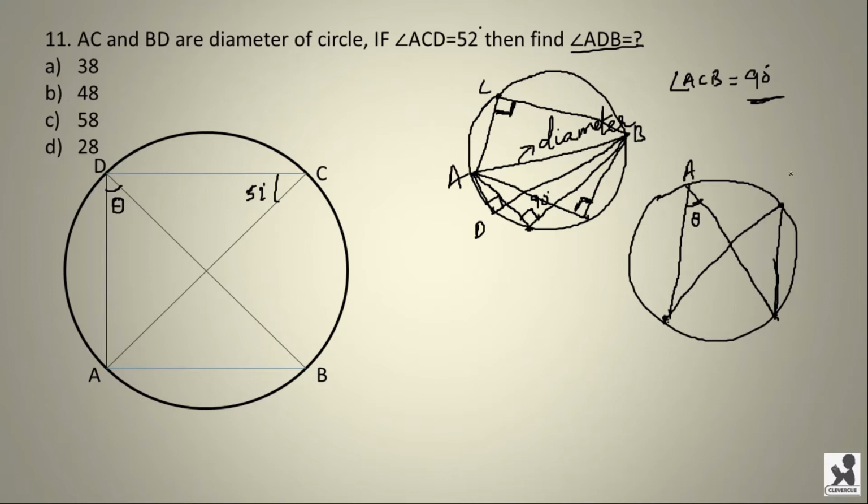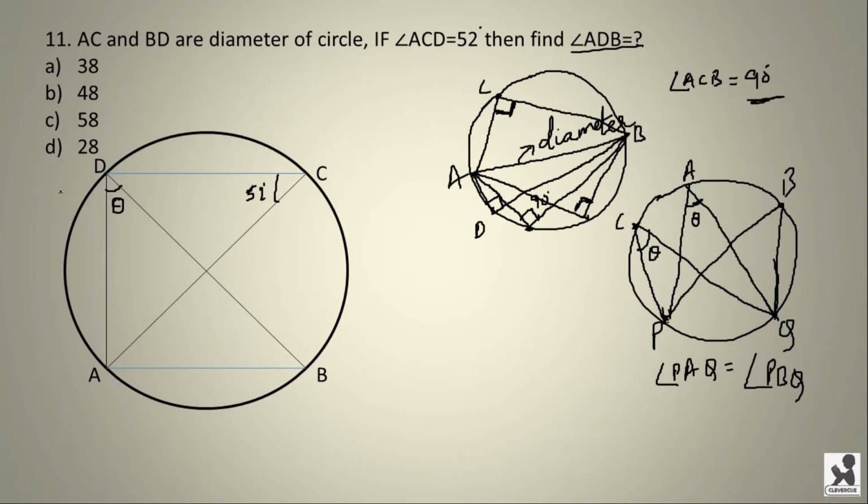For example, this is point A and this is point B and this is P and Q. Angle PAQ is equal to angle PBQ. Wherever this point lies on the circumference of the major arc, the angle will be the same. For example, this is point C, then also this angle would be theta.